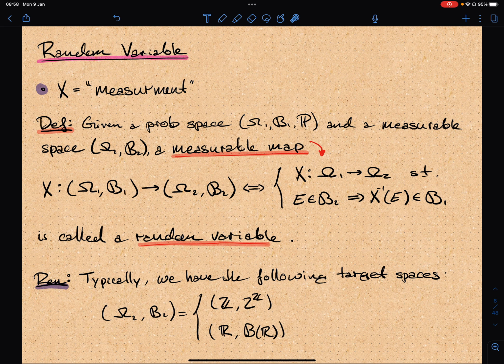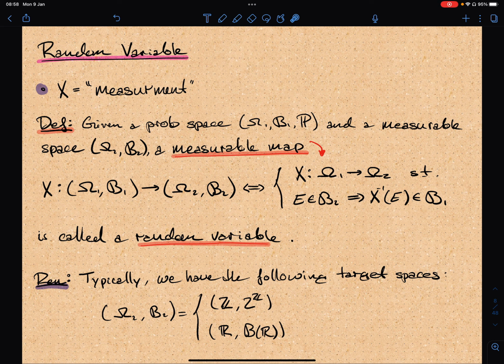It's going to be within a certain range, within some confidence interval, and it's a random quantity of this measurement that you can make multiple times. So the way that I think about it is X, a random variable, is going to be a measurement. And technically, the way that we define it is through this definition here.